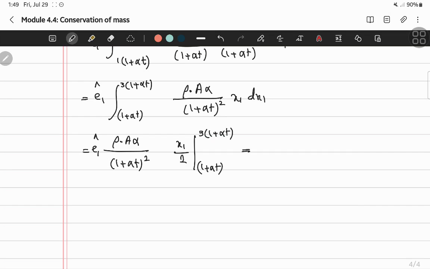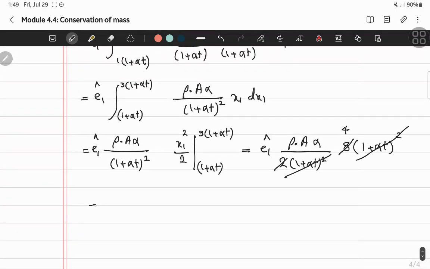This is equal to, so this is going to be e1, and this is rho 0 A alpha divided by 1 plus alpha t squared. 2 goes in here, and this is of course squared, sorry about that. So we have 9 times this squared minus this squared, so it's going to be 8 times 1 plus alpha t squared. This goes with this, so we have 4. Finally it becomes 4 rho 0 A alpha e1.